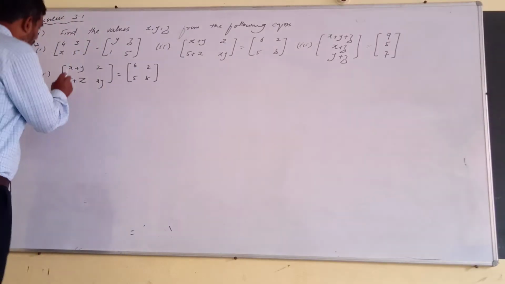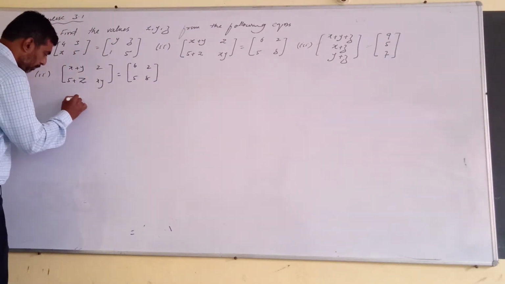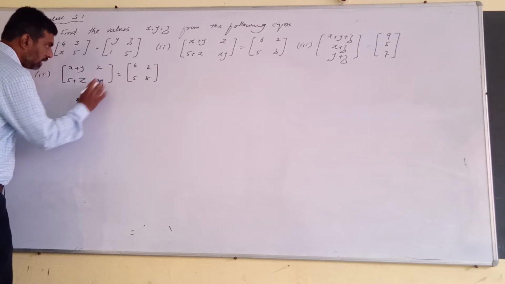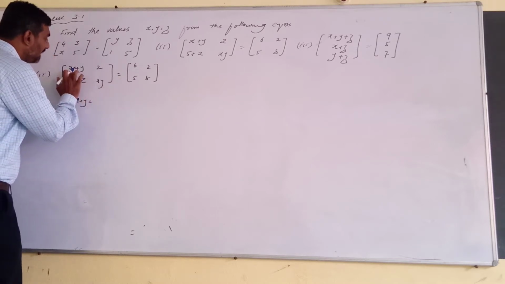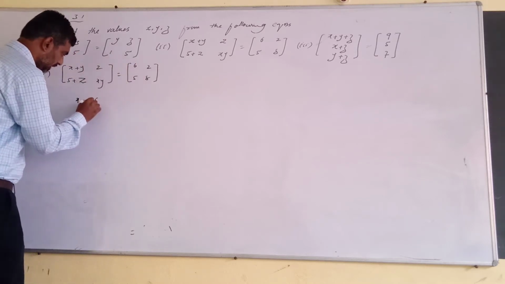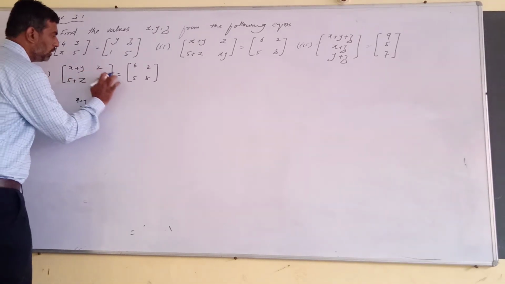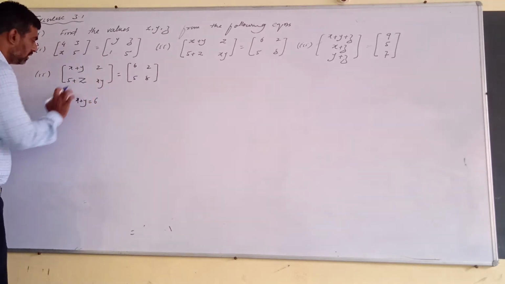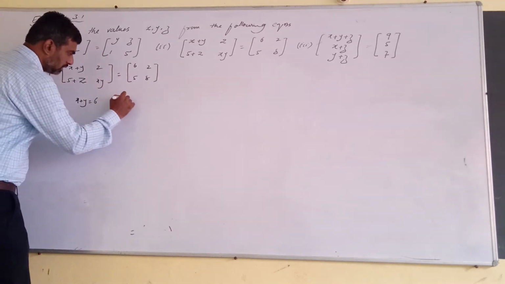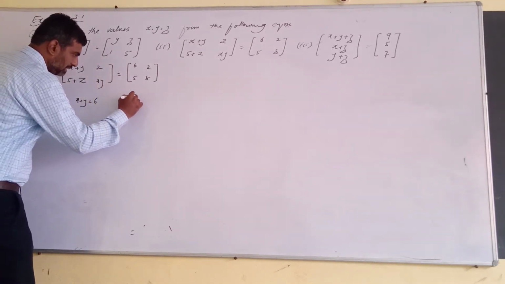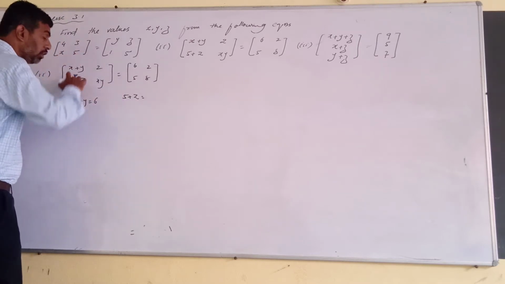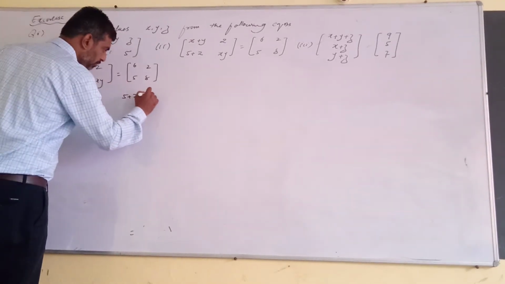Now what is here? x plus y is equal to the respective element 6. Next, 2 is equal to 2, leave it, no need. 5 plus z is equal to the respective element 5.